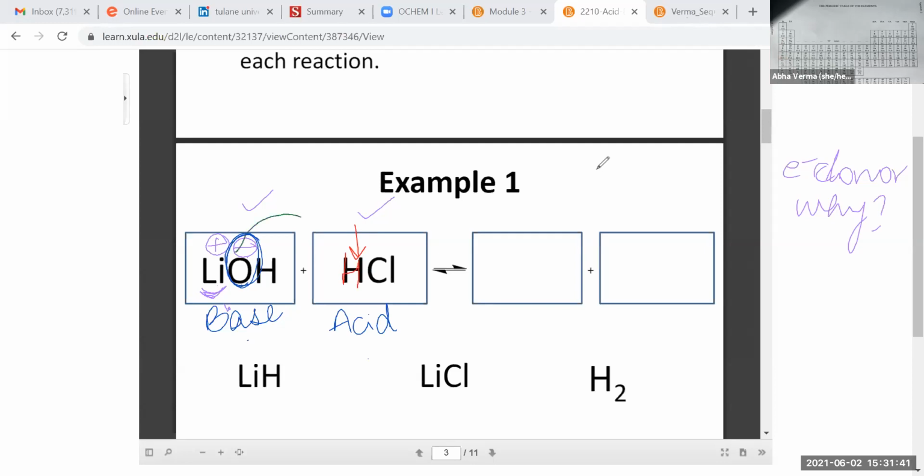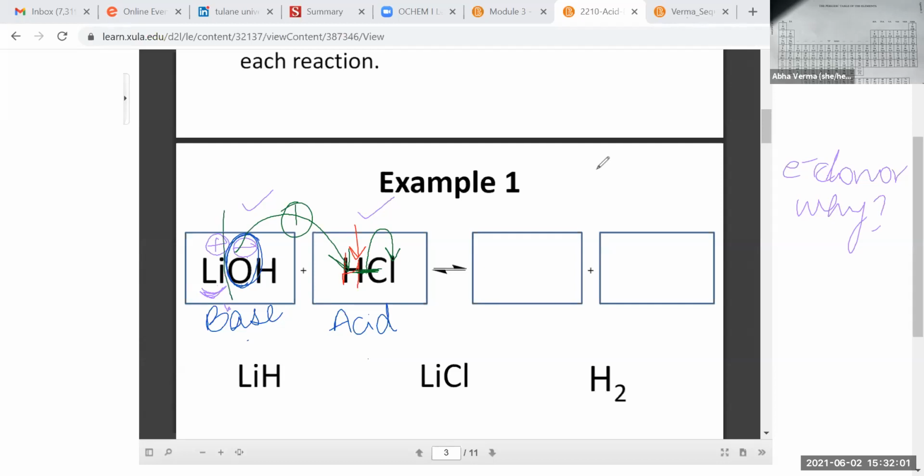So the base, who's the electron donor, will attack your hydrogen. There is a bond between hydrogen and chlorine. The hydrogen will leave the electrons behind with the atom it is attached to. In this case, it is chlorine.